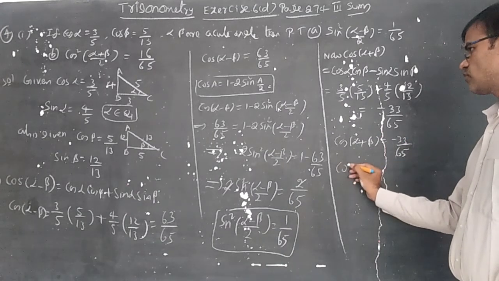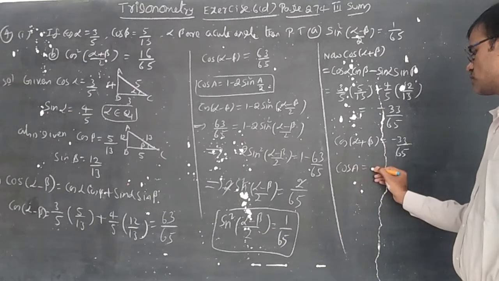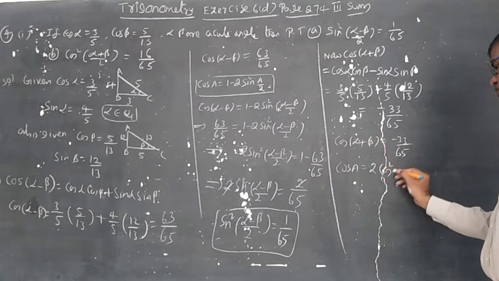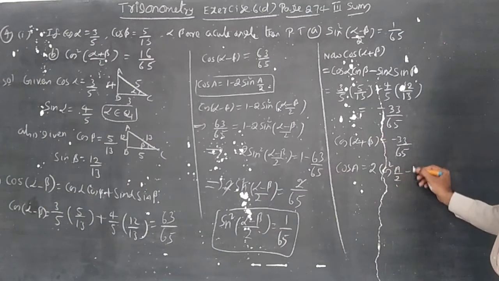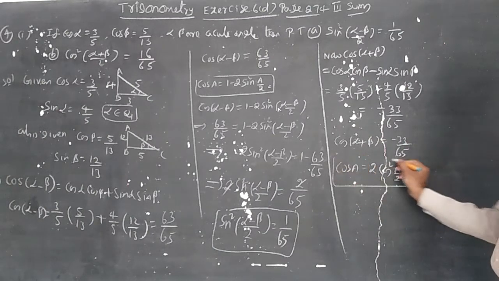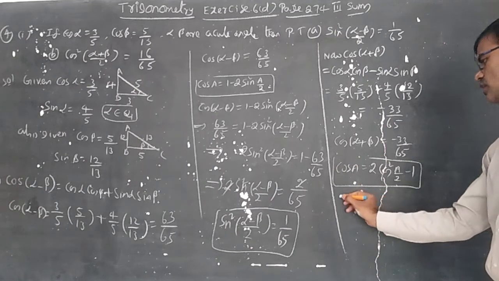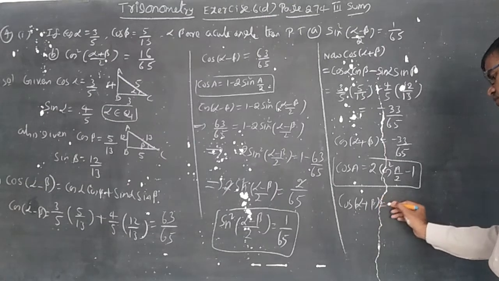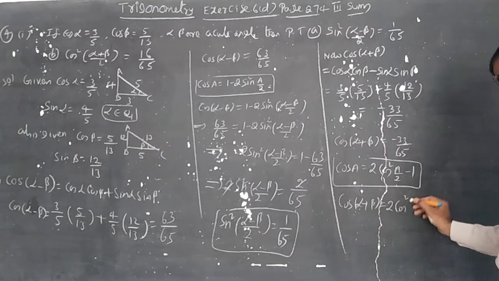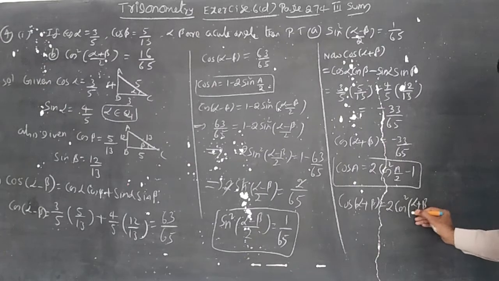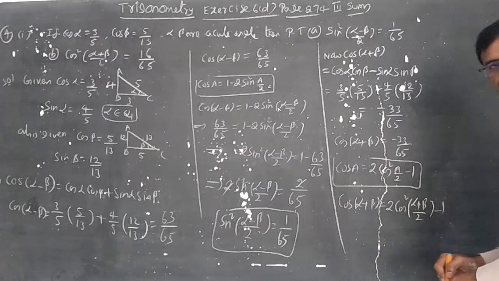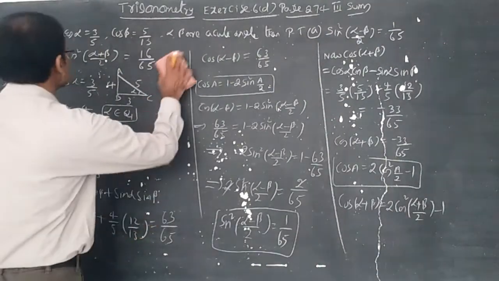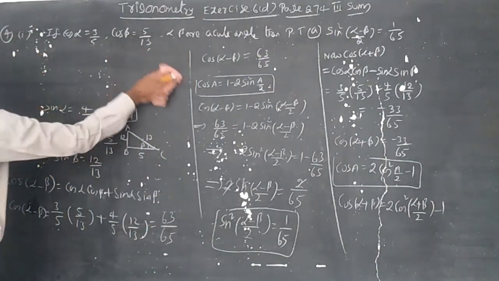Let us remember the formula cos A is equal to 2 cos square A by 2 minus 1. This is the submultiple angle formula. So here we can understand cos of alpha plus beta is equal to 2 cos square of alpha plus beta by 2 minus 1.